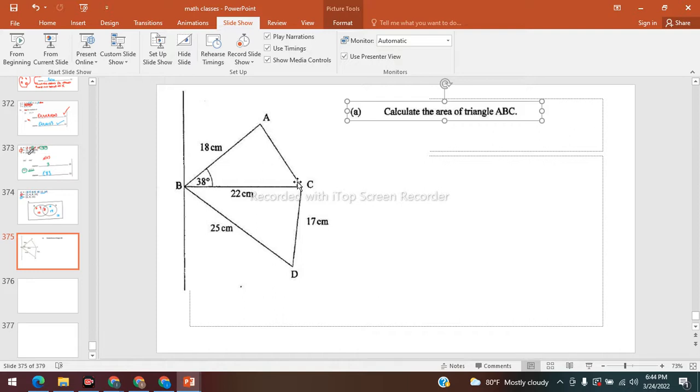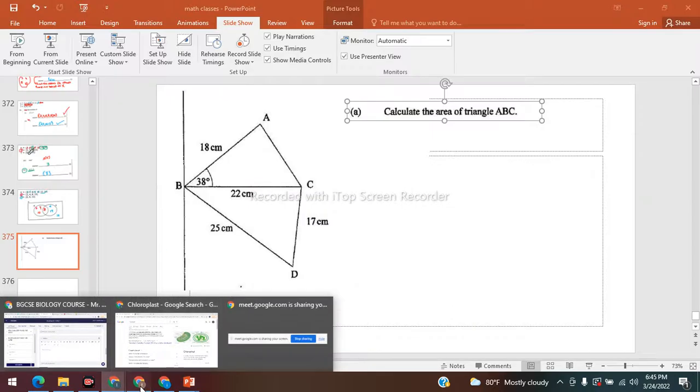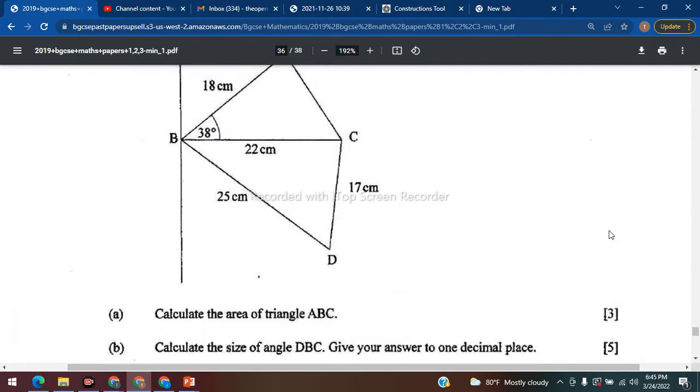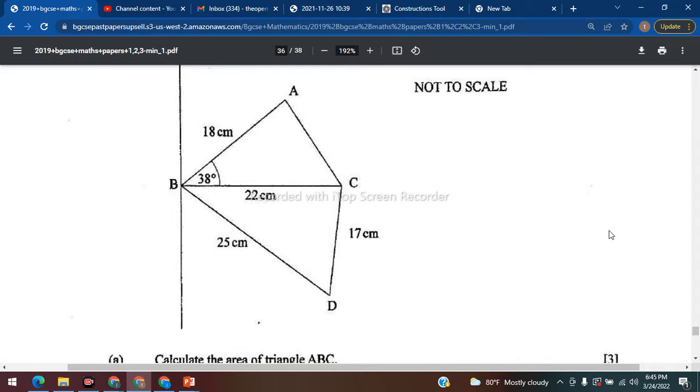What is the area of a triangle equal to? Anyone? Half base times height. Can we use that formula here? This is 3 points. I don't think it's that simple. Triangle ABC.